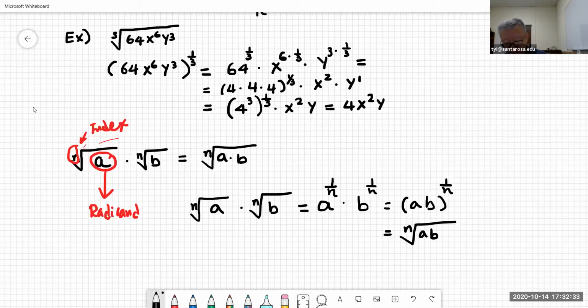And the other rule that we need to remember is all the rules of exponents that we just mentioned.